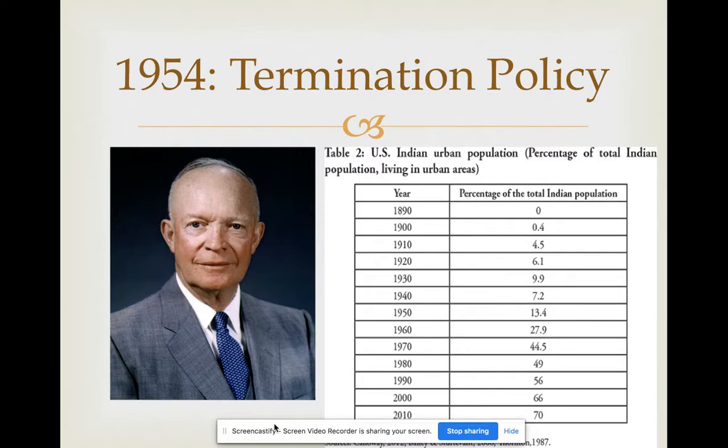In the 1950s, under President Eisenhower, that you see here, in 1954, he signed something called the Termination Policy. If you can see this chart here, you'll see that in the 1950s, 60s, and 70s, what you're looking at is the amount of Native Americans that were being forced into urban cities.